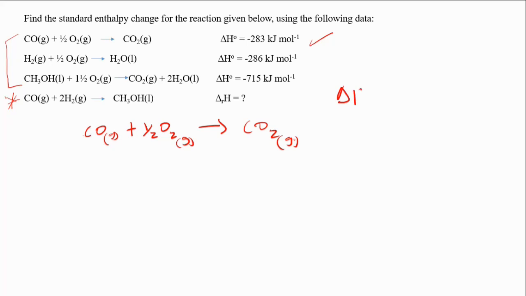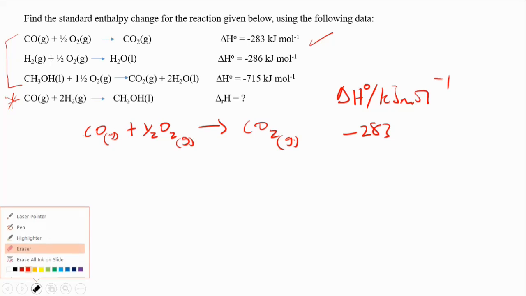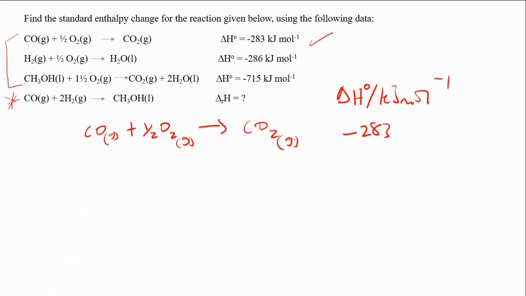Let me just put delta H naught up top in kilojoules per mole for everyone. So it is minus 283.0 kilojoules. Well, it's already there, so I don't need to write it again. That's repetitive. Alright, so let's even take off this one here. Alright, good, so we have that.